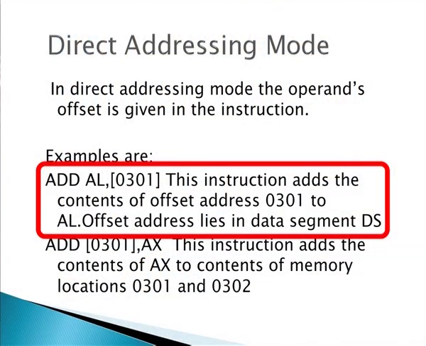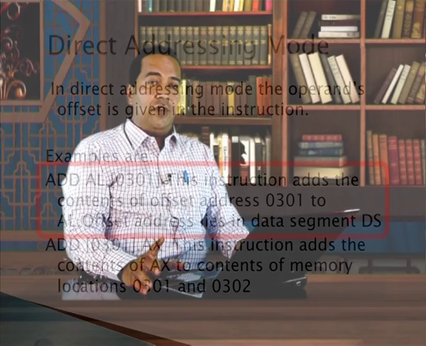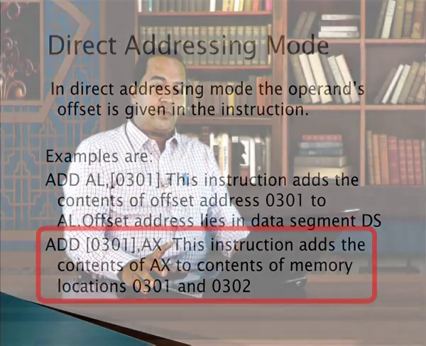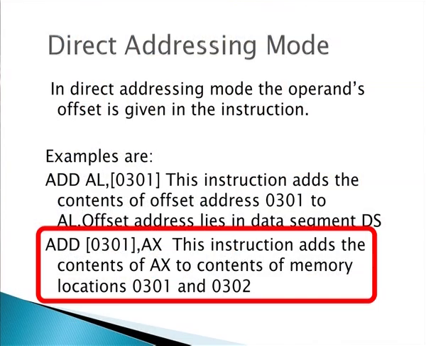Now, ADD AL, [0301] means the contents of AL will be added with the contents of memory location 0301 and the result will be stored as the contents of AL. Here the addressing mode is direct because the offset address from where the operand is to be taken is defined within the instruction. Now, let us see one more example.